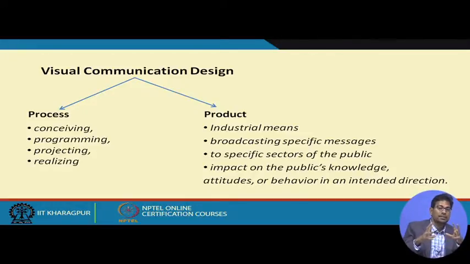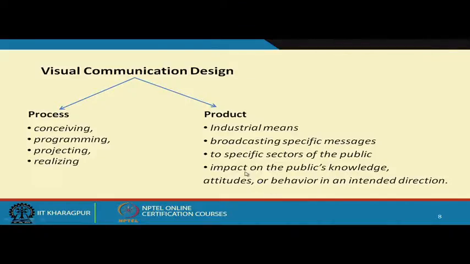So a product is designed to broadcast some specific message, and then it is meant for specific sectors of the public. And why are we doing all of this, why are we coming up with this product? We are coming up with this product for having an impact on the public's knowledge, attitude and behavior in an intended manner, to take an intended action.